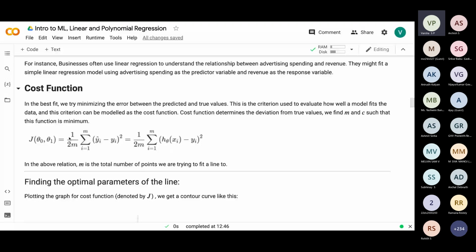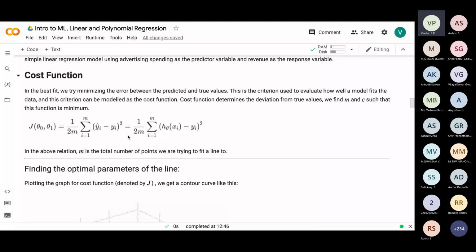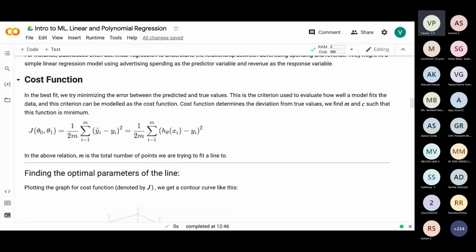If you look at the equation, J of theta naught, theta 1 is equal to 1 by 2m of the summation. What is this 1 by 2? You will come to know why there's a 1 by 2 later on, but it's basically the mean. You'll be having this function to find the minimum error in the predicted parameters.